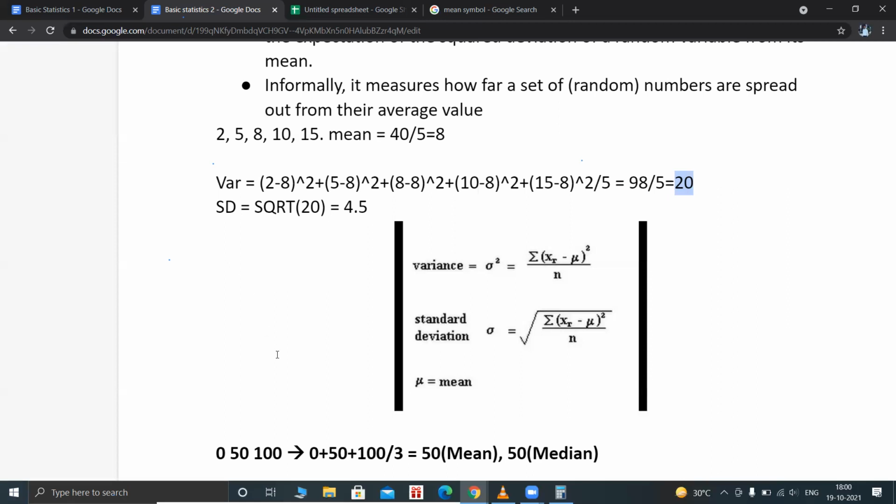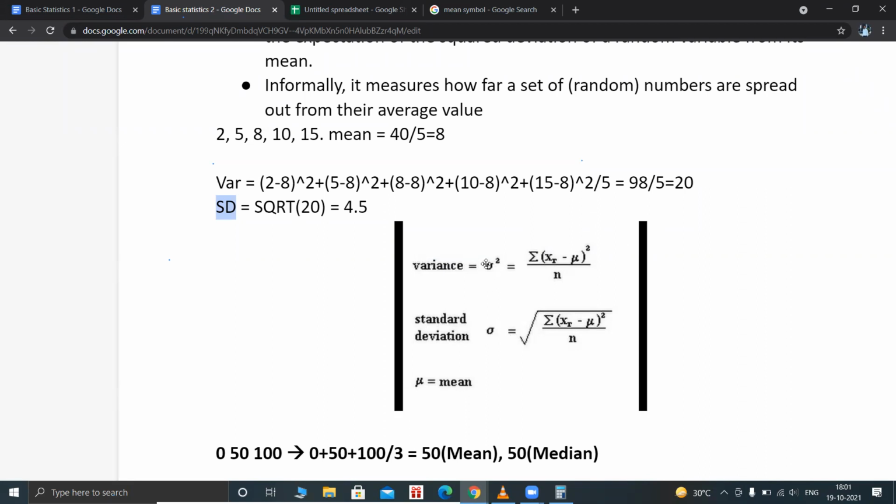So that's the reason we calculate the standard deviation, right? Standard deviation is nothing but the square root of the variance. Whatever variance I got, the symbol for standard deviation is sigma.